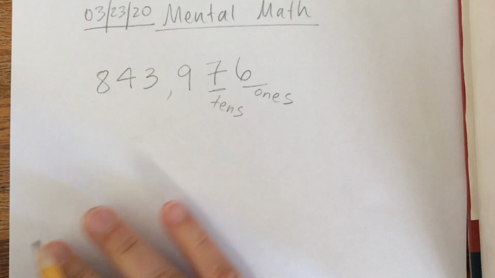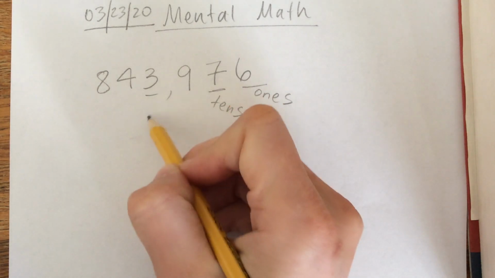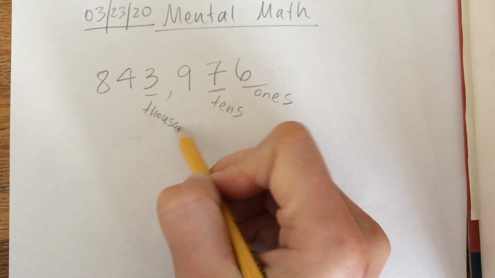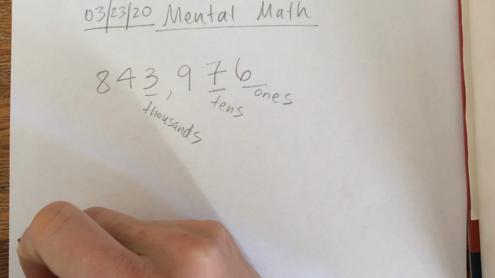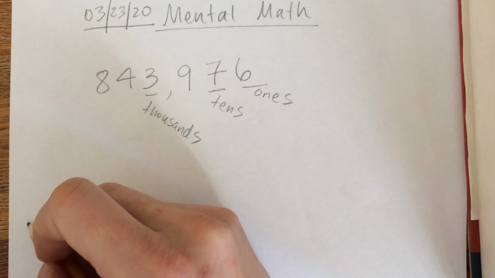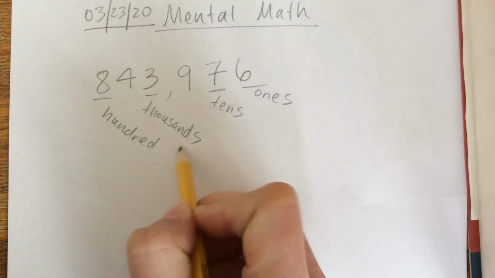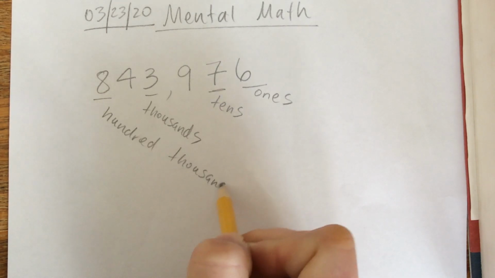I would like you to now identify the thousands. Pause the video. Yes, this is the thousands. I would like you to identify the hundred thousands. Pause. And yes, this is the hundred thousands.